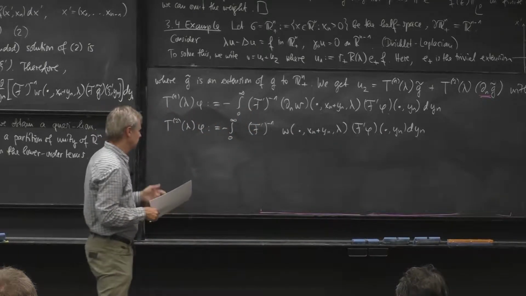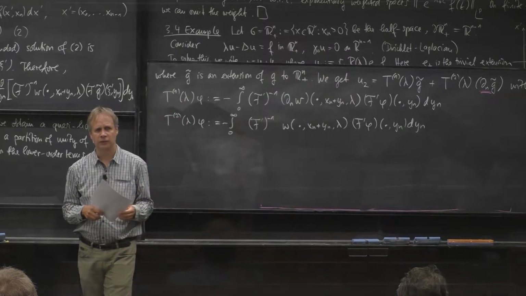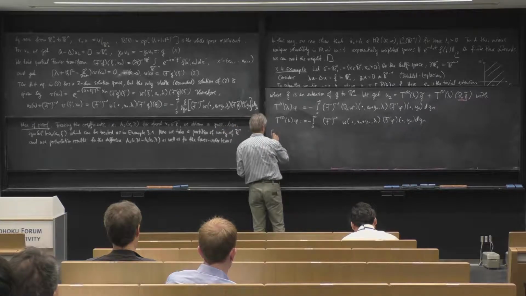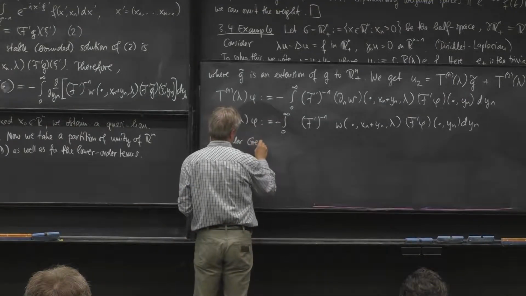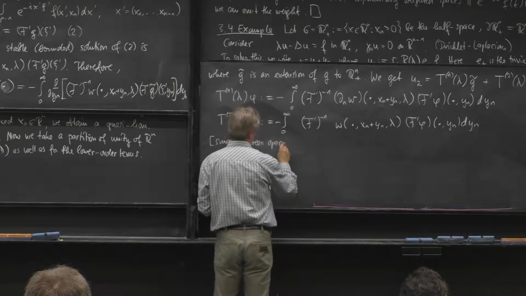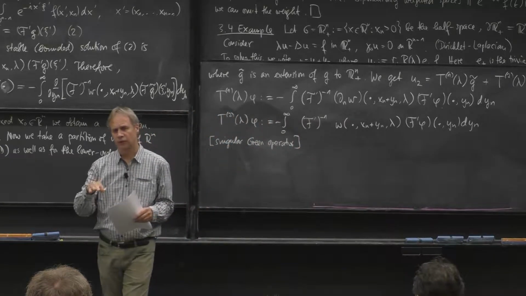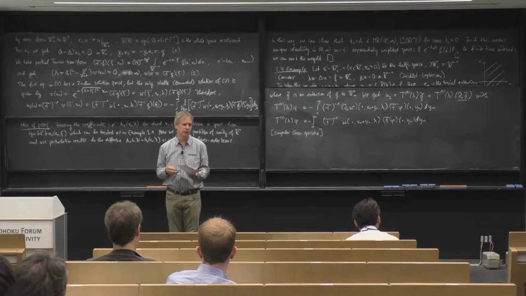And these operators, if you're a friend of pseudo-differential operators, this is a prototype of a so-called singular Green operator. So it's a combination of a Fourier multiplier or pseudo-differential operator and an integral operator. It's a singular Green operator.